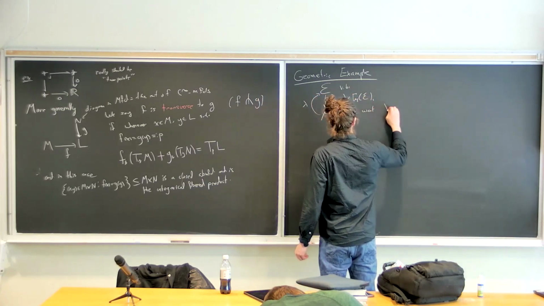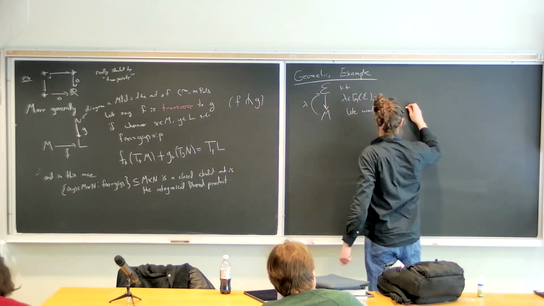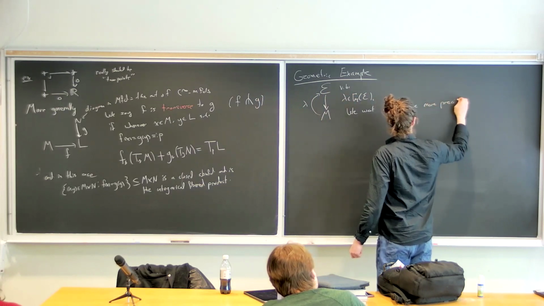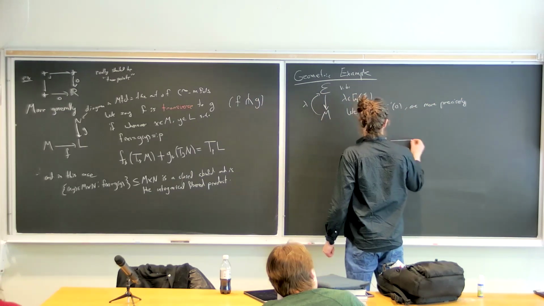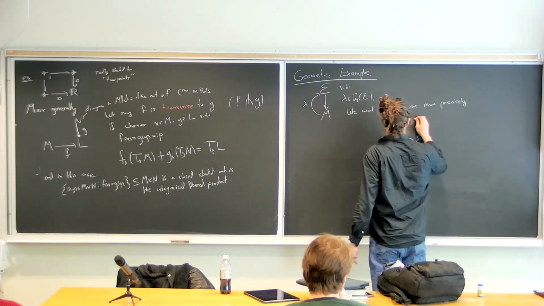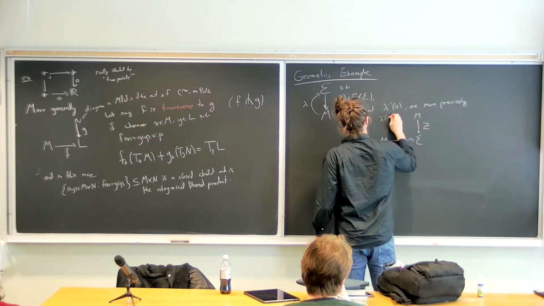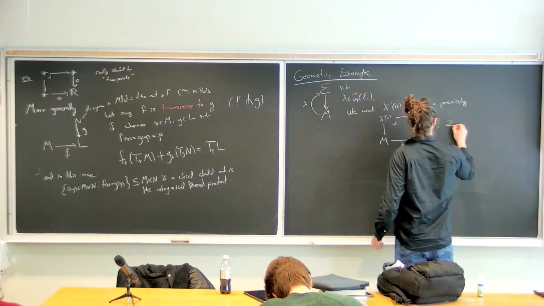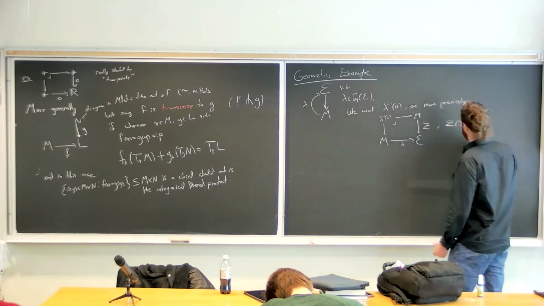We want to look at lambda inverse of 0, or more precisely, we can look at the fiber product where I have our given section, and then we have the 0 section. It's really kind of an intersection, right? So we're looking at, say, Z intersect lambda, or the graph of lambda, really.